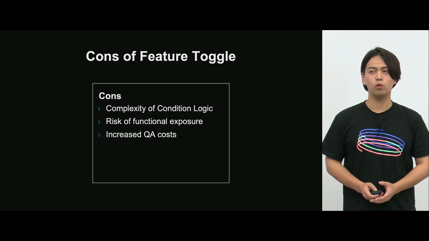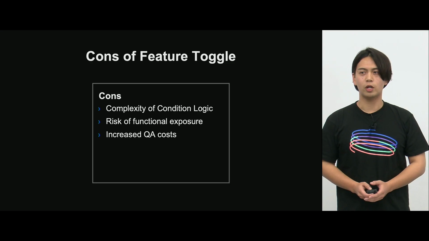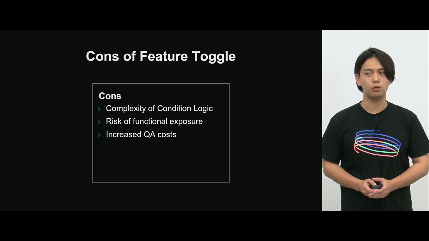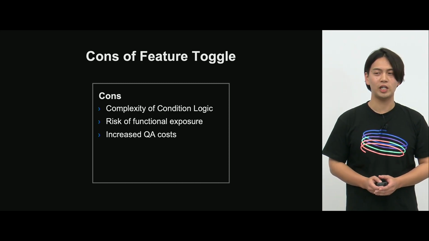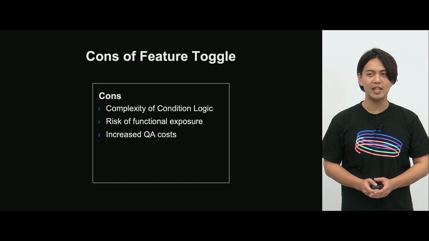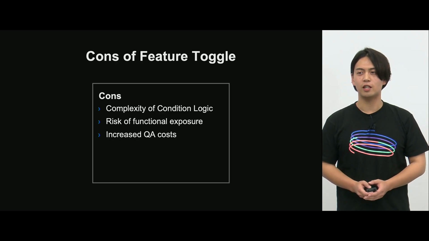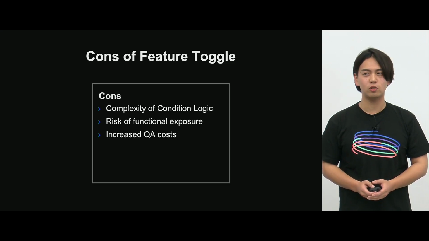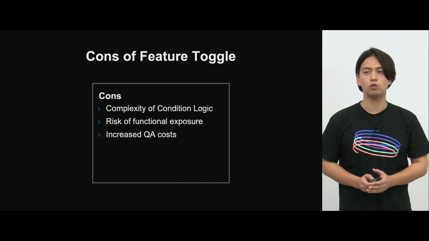The feature toggle increases the complexity of the code because the flags generate code that is not provided to the users. So as the development goes, because of the feature toggle, the code becomes bigger and more complex. Also, there's a risk of exposing features under development to the users.